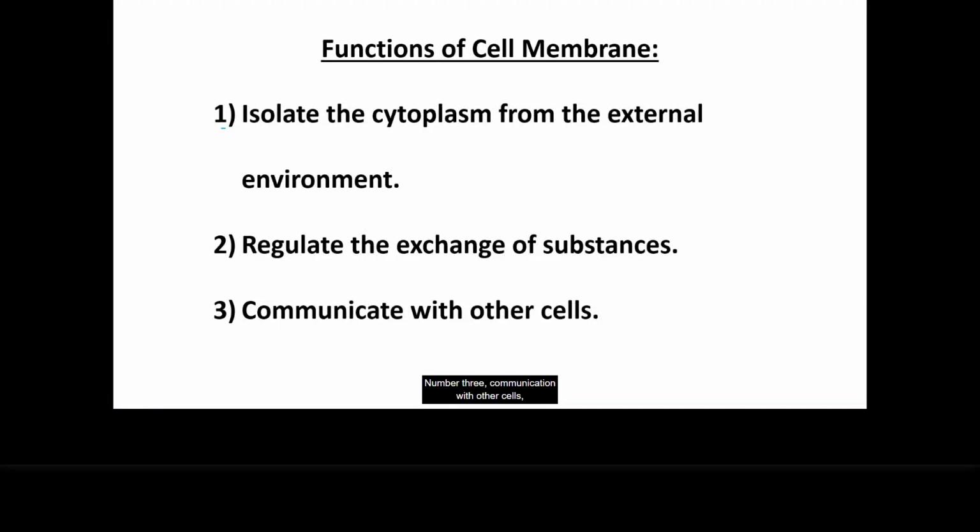Number 3, communication with other cells, because on the surface of the cells we have glycoproteins, lipids or other proteins which could be part of communication from one cell to another, like the ID tags on the cells of our own body, communicating with immune cells, telling them this cell is a cell of our body.